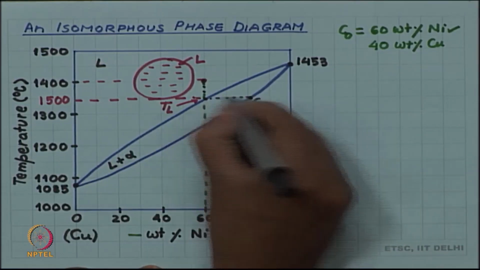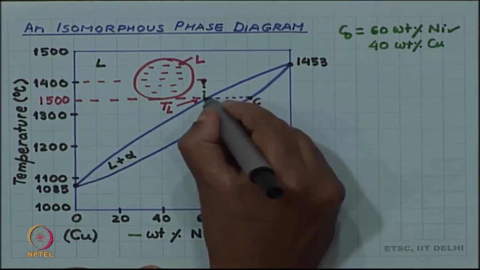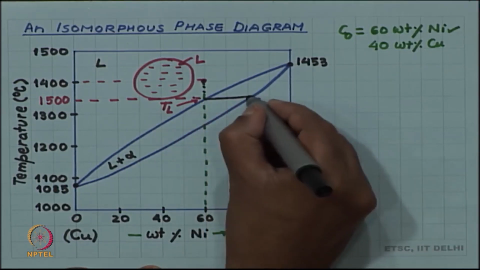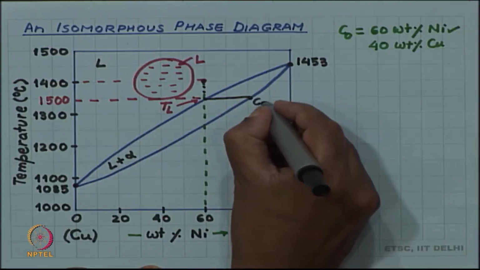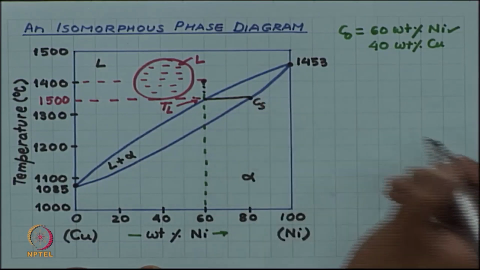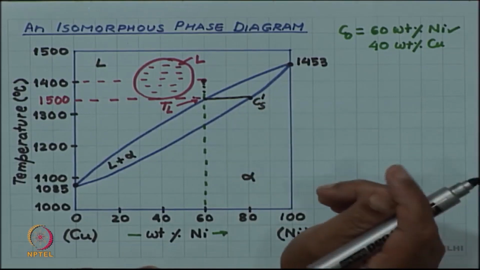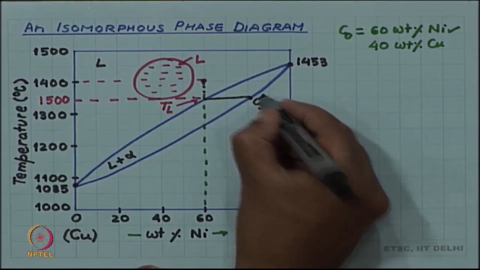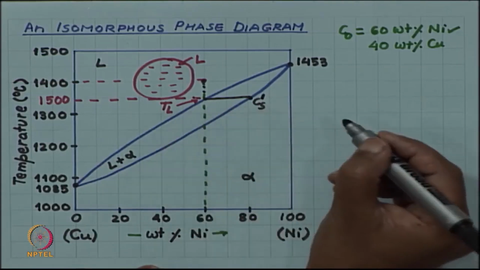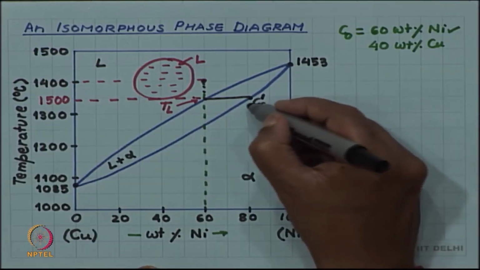Let me label it. I have drawn a horizontal line, which is the horizontal tie line you have learnt in the previous class. So, let me call that CS, let me label it as 1. So, that is the first composition of solid which will form.